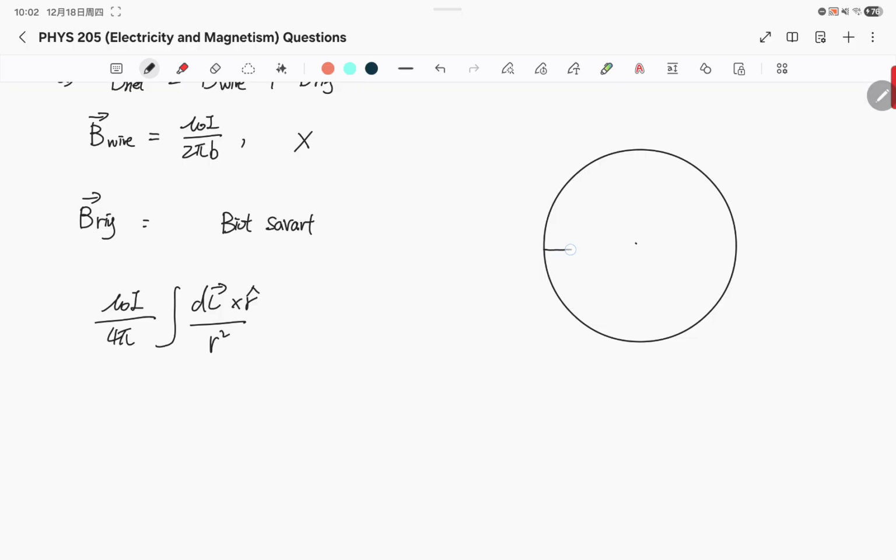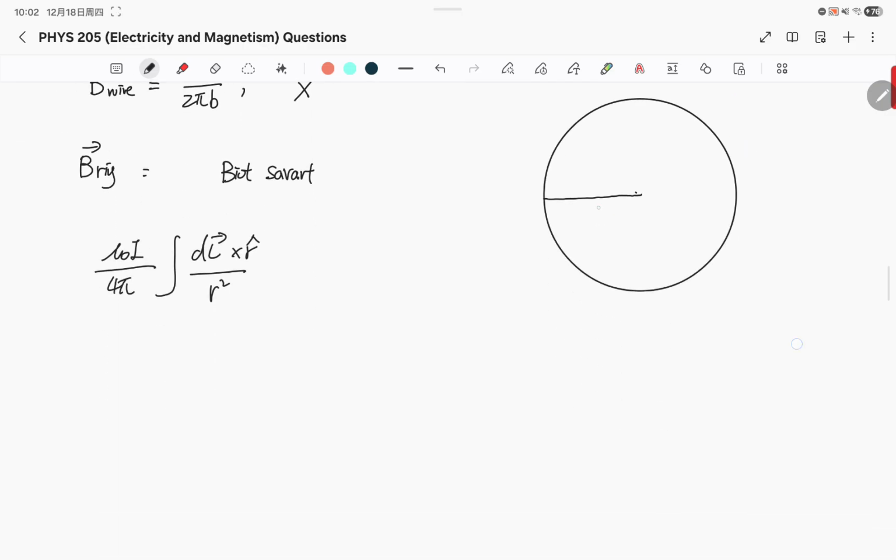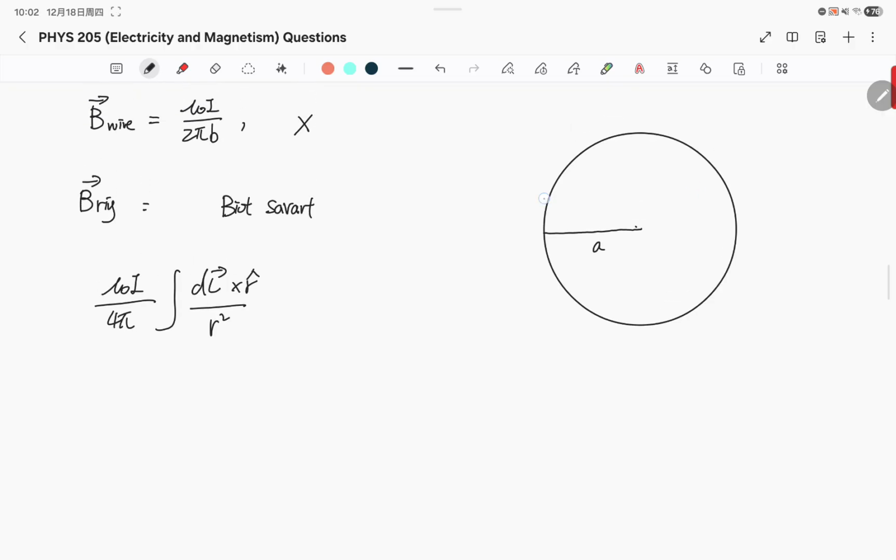So let's say this is my radius. What's the radius? It's actually A. dl is right here. r hat, remember? r hat is from dl to the center.